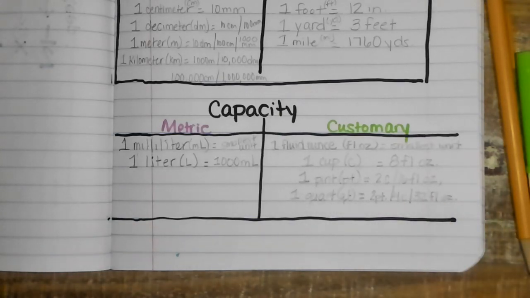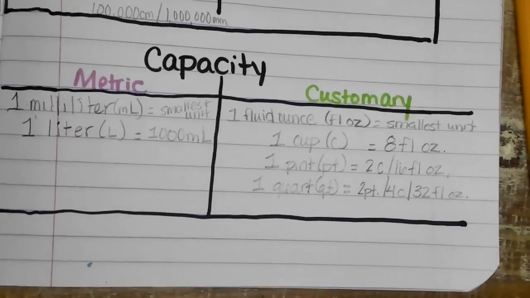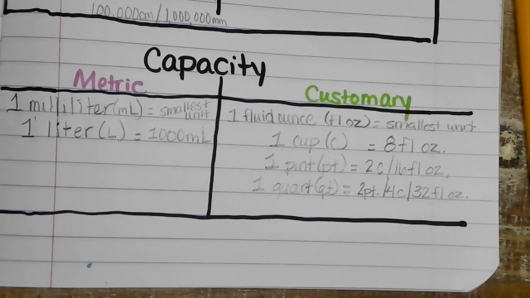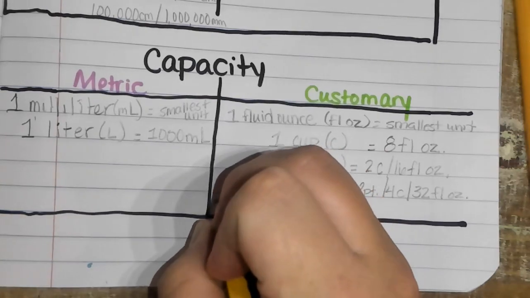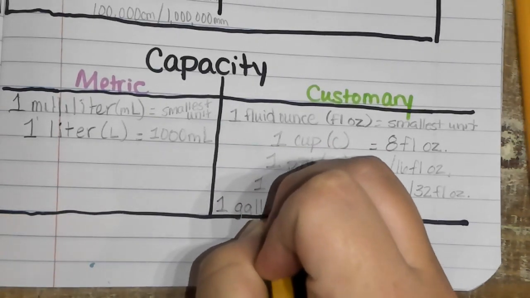Okay, and our last one, and I'm going to bring this in a little closer. This looks kind of hard to read, so I'm going to bring that in. The last one over here on the customary side is something I'm sure you're all familiar with and have heard of before, and that's the gallon.